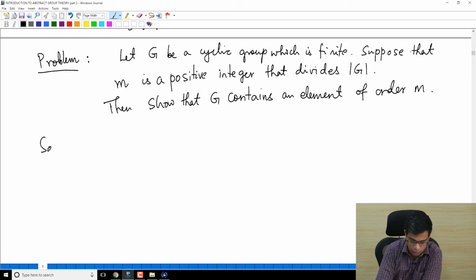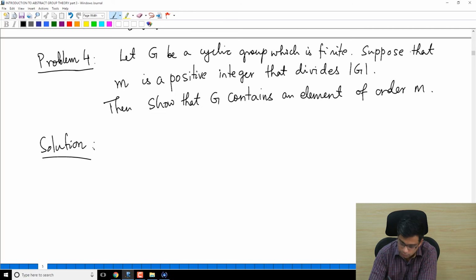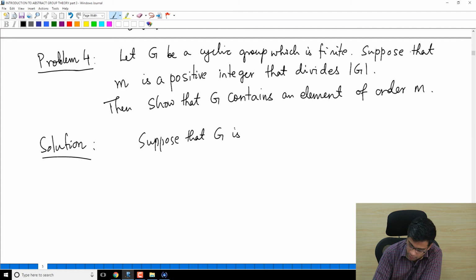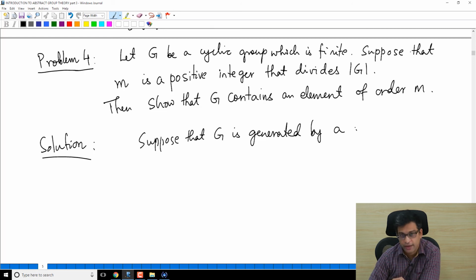So solution. This is problem 4, I think. Solution is the following. Suppose that G is generated by A. So G is a finite cyclic group, right?